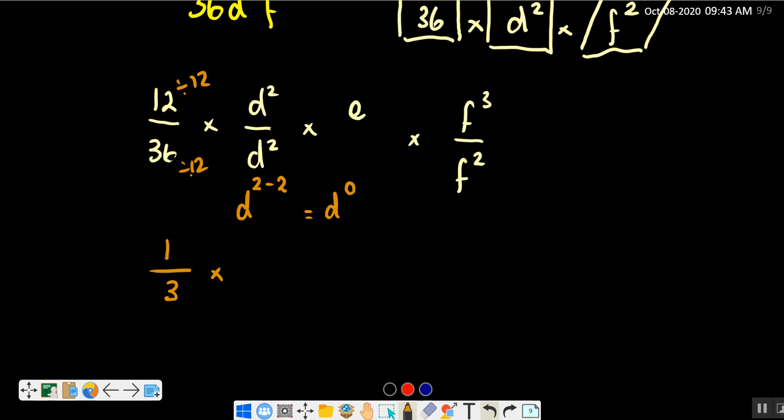Remember, one of the first things you learn, anything to the power of 0 is 1, and you also hopefully would know that if you take any number and divide it by itself, the answer is 1. These are the same thing. So instead of d squared divided by d squared, we've now got a 1.